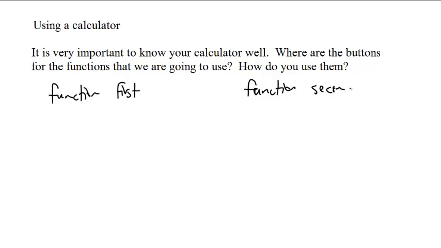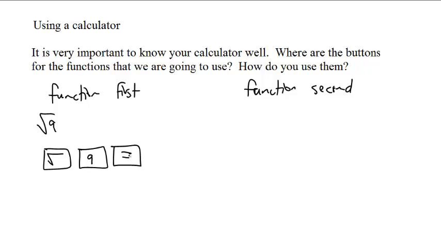If you are used to one kind of calculator and you borrow the other kind, you're going to have a lot of trouble. Basically speaking, the function first kind of calculator, if you want to do the square root of 9, for instance, what you do is you hit the square root button, and then you hit 9, and then you hit equals.